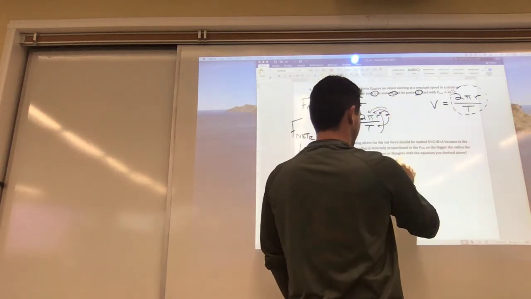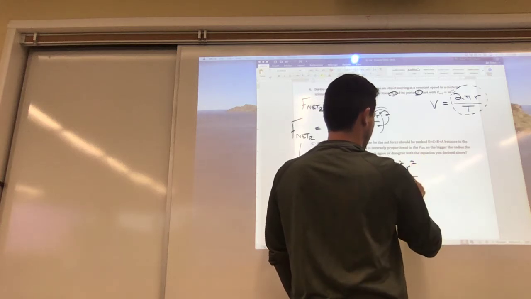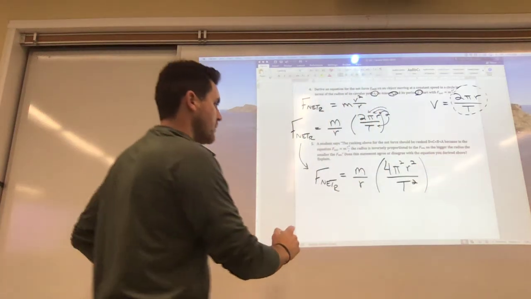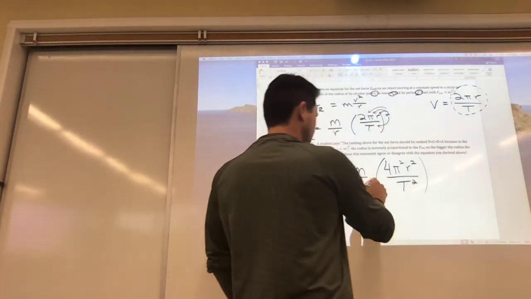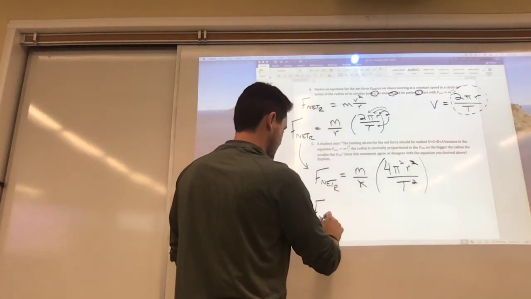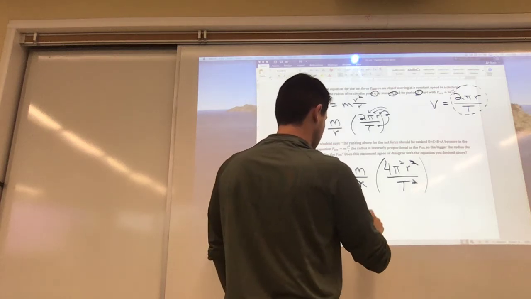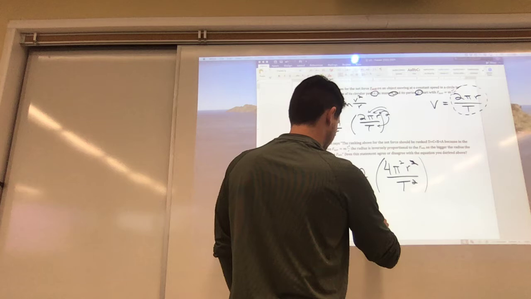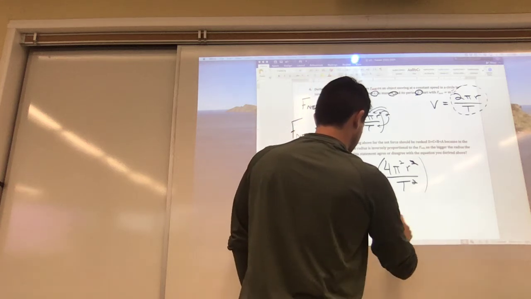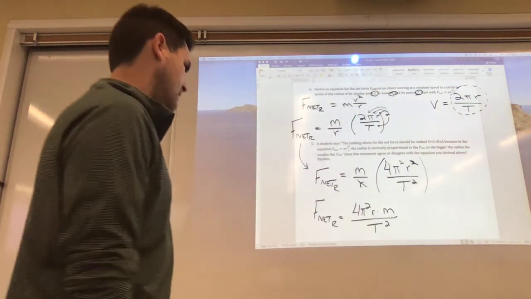So 4 pi squared r squared over period squared. All of those things belong there, which means we're going to lose this r. F_net,R is going to be equal to 4 pi squared r times m over T squared. This is what I have.